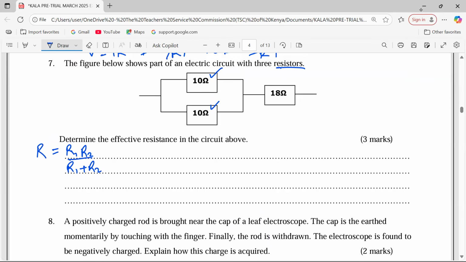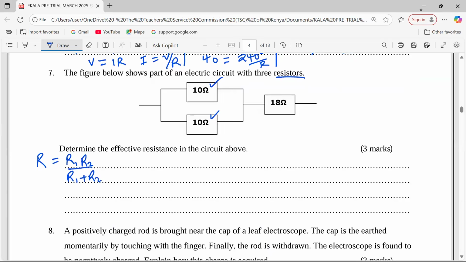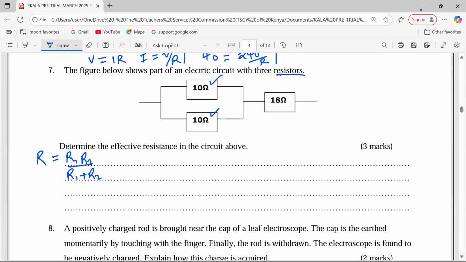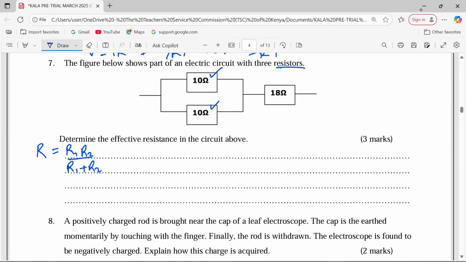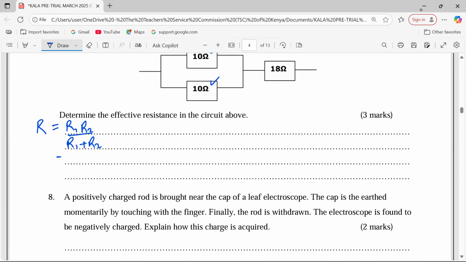But for parallel resistors, when they are only two, and master that, we apply this for only two. Effective resistance is given by the product, 10 times 10, out of the sum, 10 plus 10. So we are talking of 100 over 20, which gives us automatically 5. So we have 5 ohms.